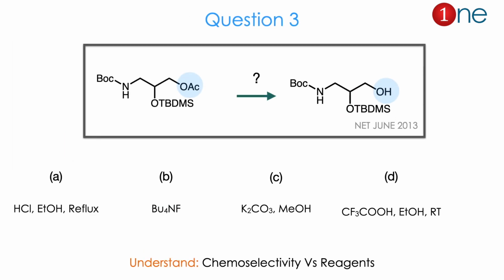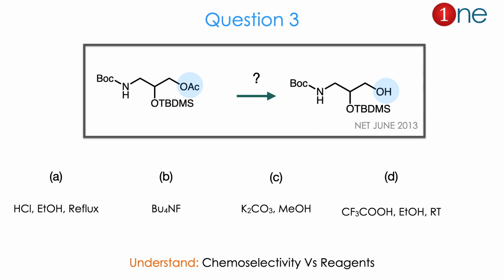Then question number 3. The starting material is a linear chain with many functional groups. The amine is with BOC, one oxygen with acetate and another oxygen with TBDMS. They ask you to find the reagent. Which reagent converts OAc into alcohol? So it's a selective conversion.